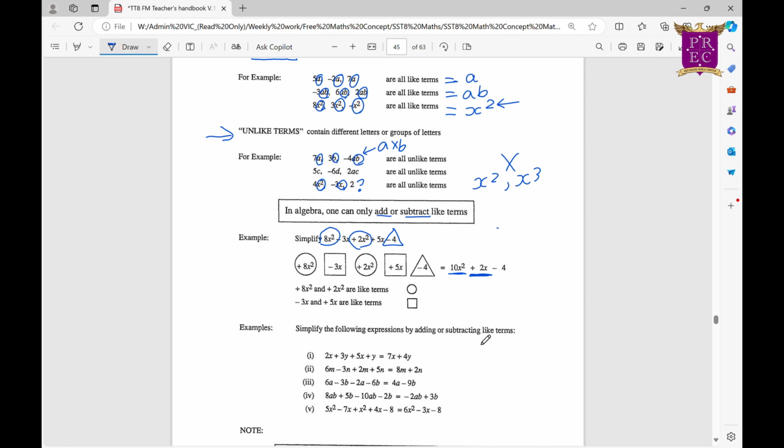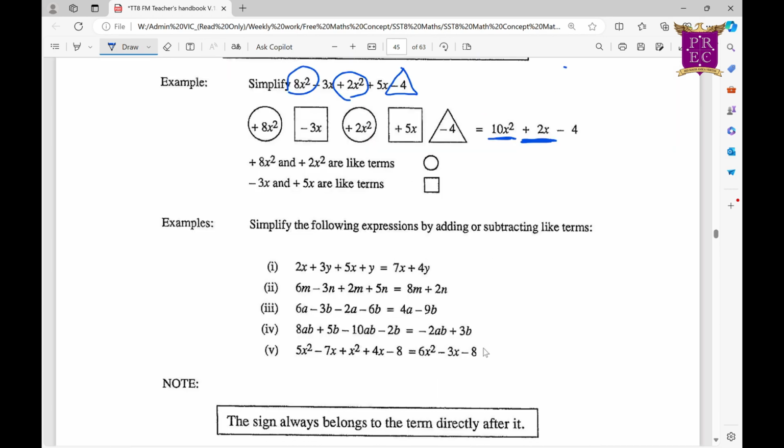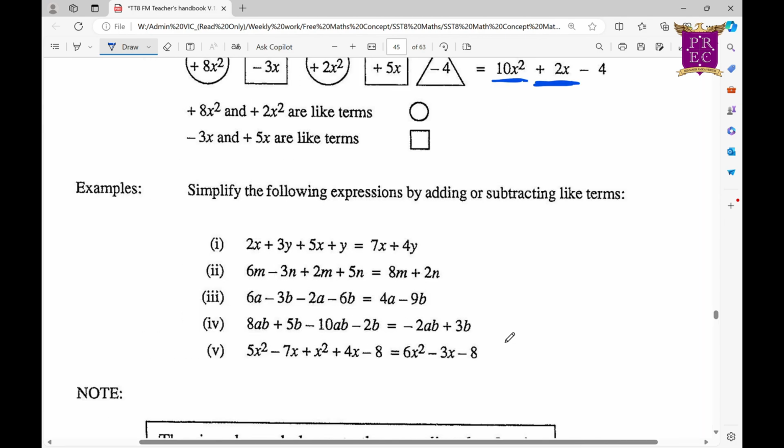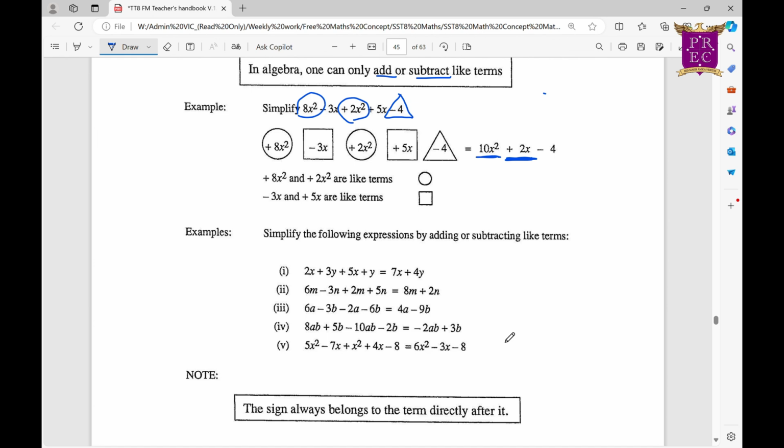So we can also look at it through, it's zoomed in a bit. Okay, so let's have a look at an example. Okay, let's do this one because it involves a lot more negatives.